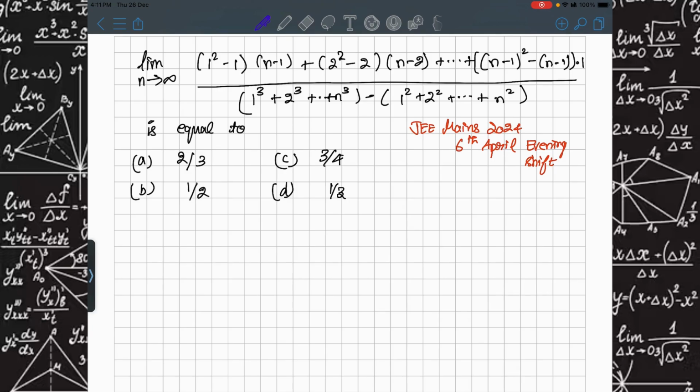To solve these limits, first we will separate it into two parts. This is the numerator part and this is the denominator part.